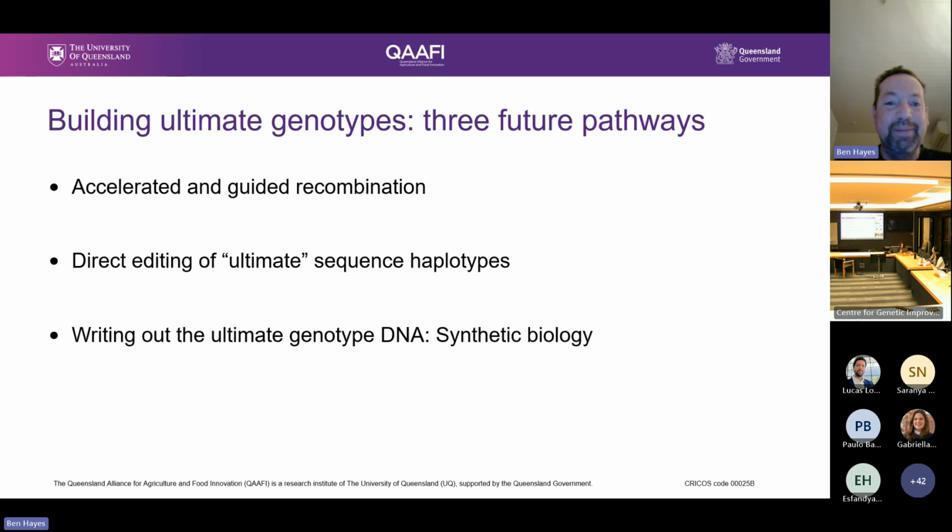So I'm going to consider 3 possible future pathways to getting to these ultimate genotypes more quickly. The first is accelerated and guided recombination, then direct editing of the ultimate sequence genotypes, and finally, just writing out the DNA of the ultimate genotype directly using synthetic biology.